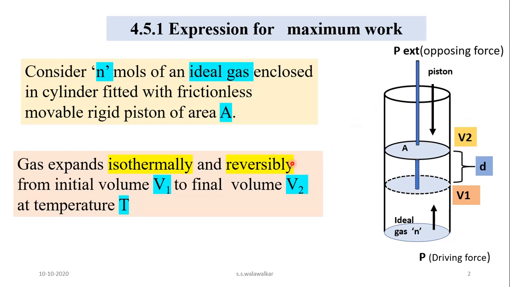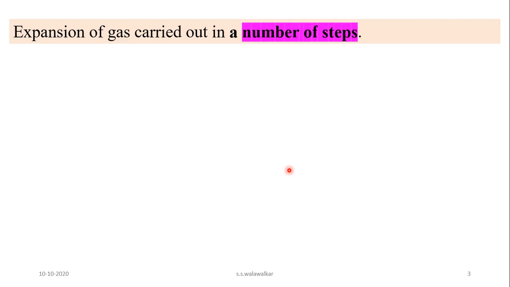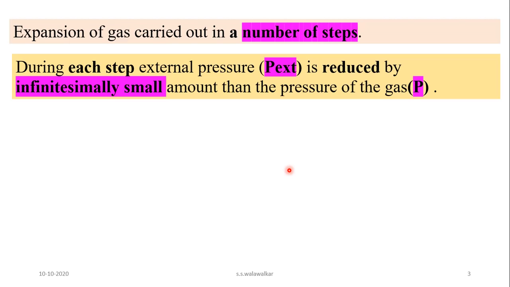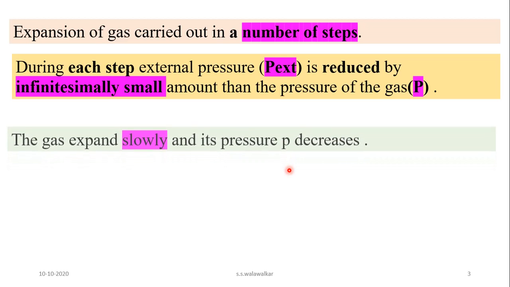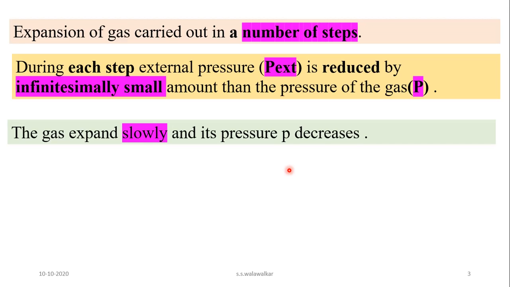Now as this change is carried out reversibly, the gas expands in a number of steps, and at every step the external pressure, that is the opposing force, is reduced by an infinitesimally small amount below the pressure of the gas, that is P. And this gas therefore expands very slowly. At every step the change is very small and equilibrium is attained.